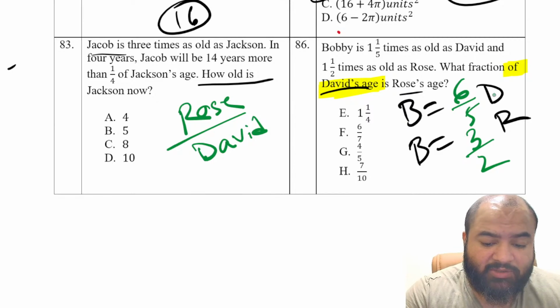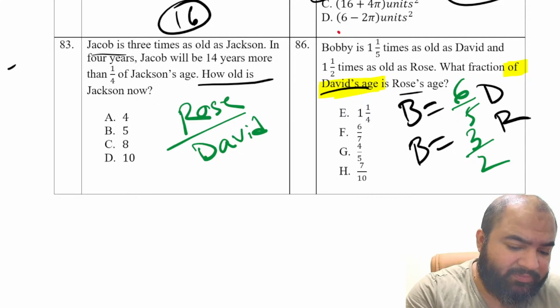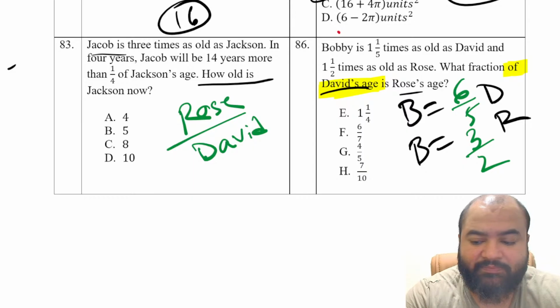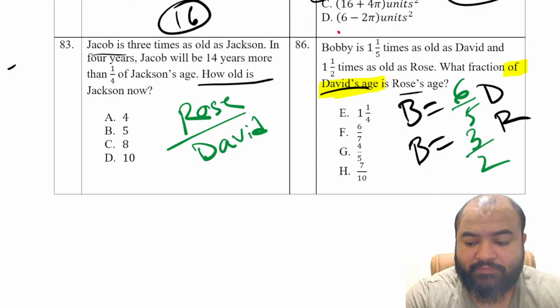So I want to solve for David. How do I solve for David here? Right, I want to solve for D. Multiply by 5, we could do that.